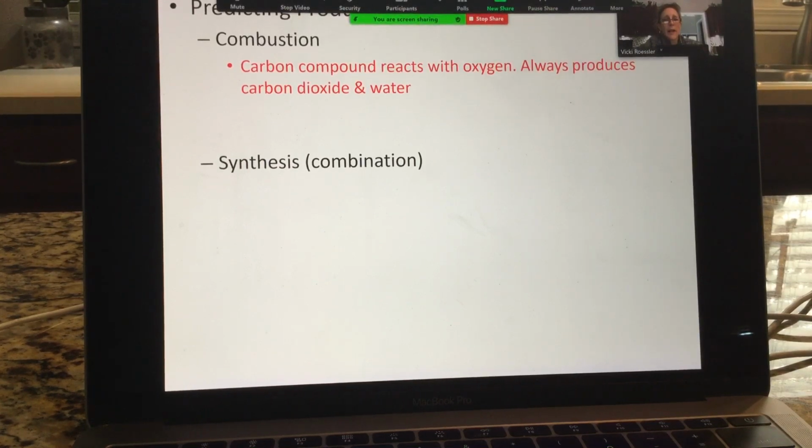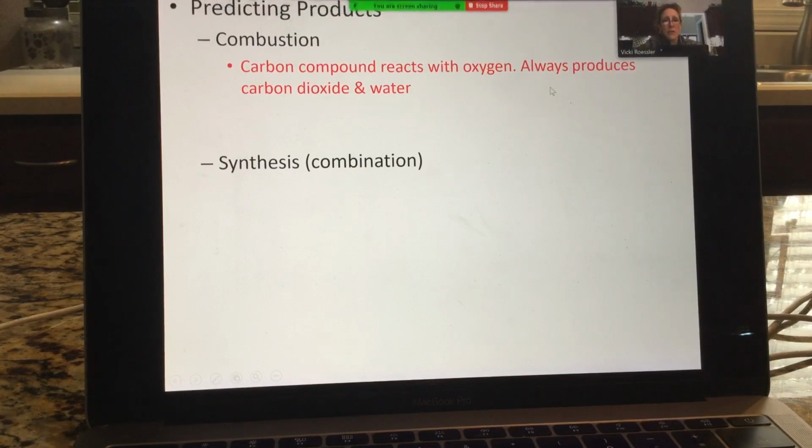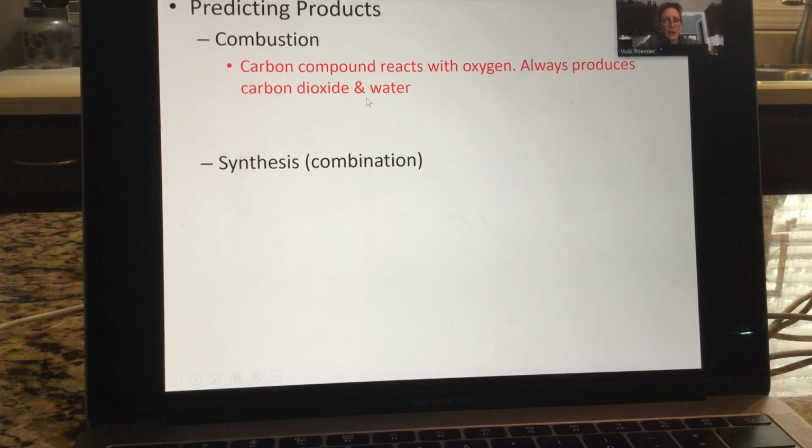It's going to react or burn with oxygen, and that will always produce carbon dioxide and water. In our class, there are other types of combustion reactions, but for our purposes in honors chemistry, combustion will always just produce carbon dioxide and water.